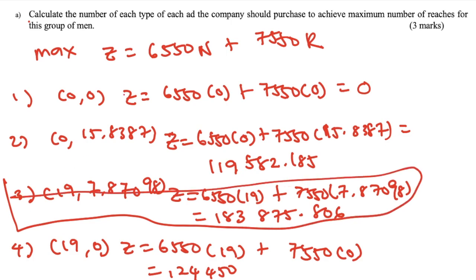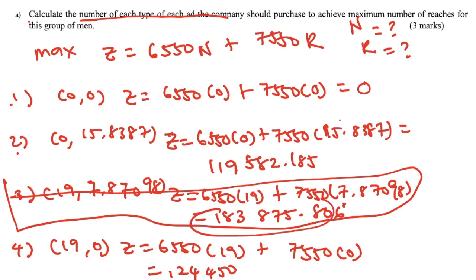So the question here says, calculate the number of each type of ad that company should purchase to achieve maximum number of riches for this group of men. So the type of each ad. So you have N, you have R. That's the question. Okay. So first, in order to find how many N, how many R that can maximize the number of exposure or riches, we need to do 1, 2, 3, 4 here.